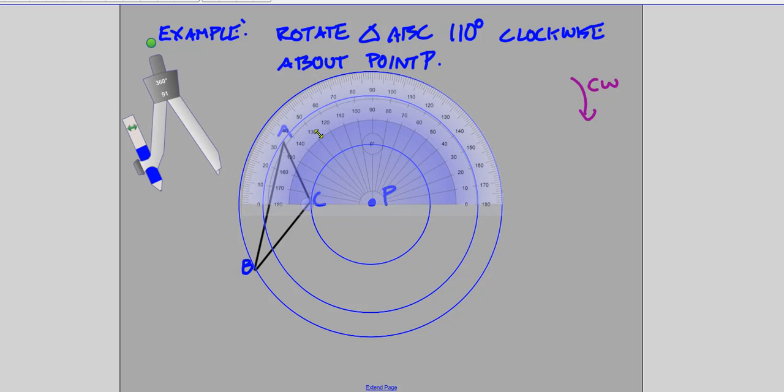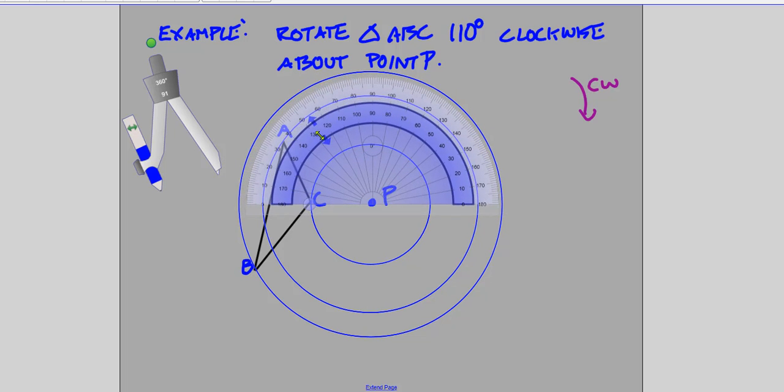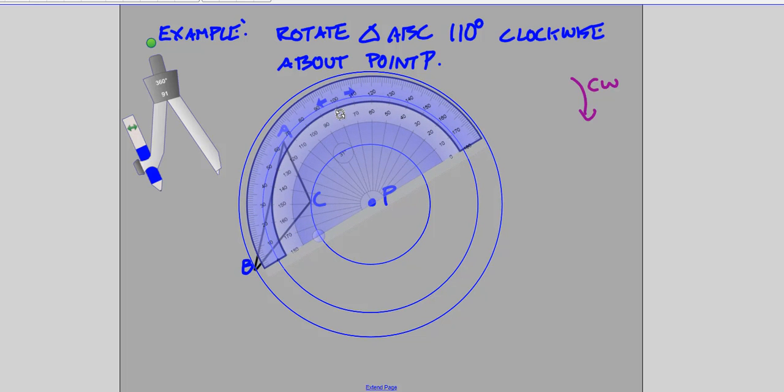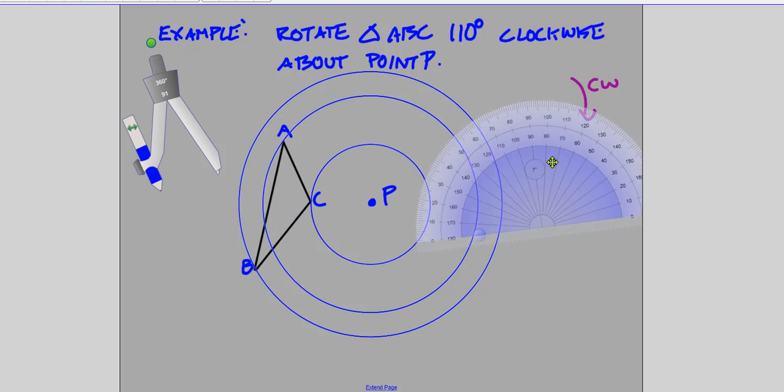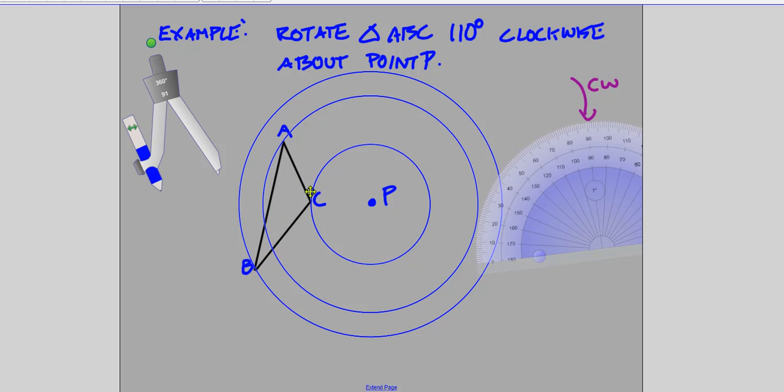Let's move our protractor into place. I'm going to do B first. Well, first, before I actually do this, I need to draw line segments again from P to all those points. I'll do that in red again.